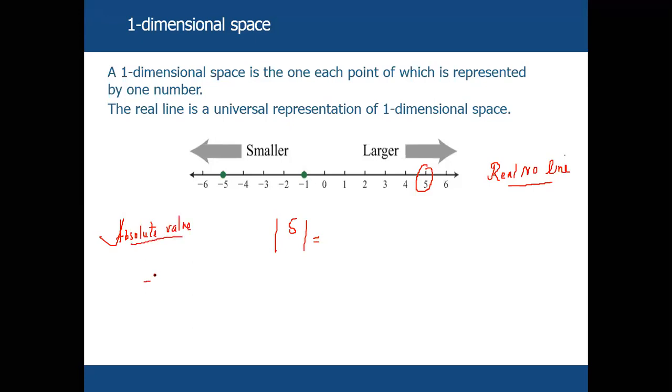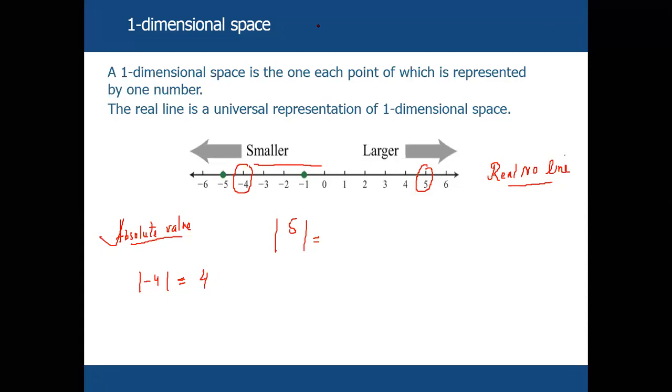If we say, for example, the absolute value of minus 4, it means the distance between minus 4 and 0, how far minus 4 is from 0. Whether we are on the right side or the left side, the distance is the same, positive. So the absolute value of minus 4 equals plus 4.